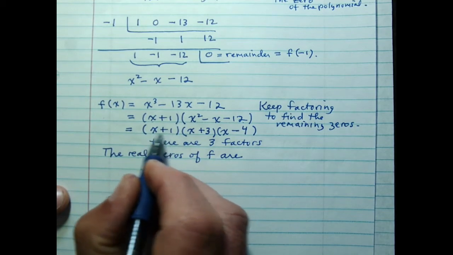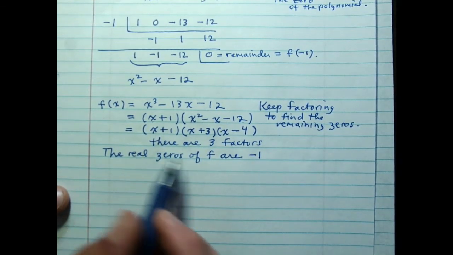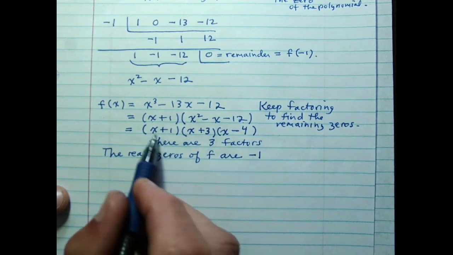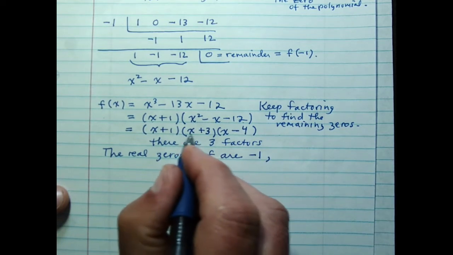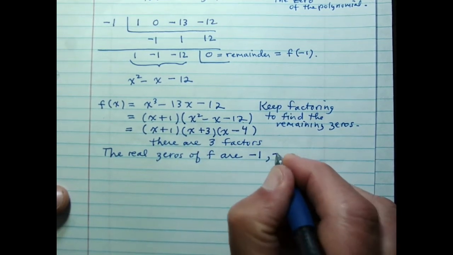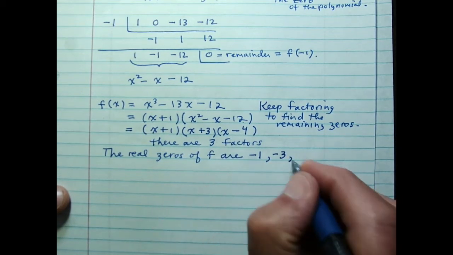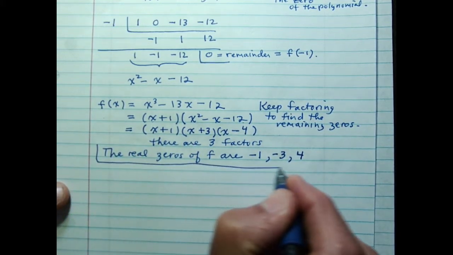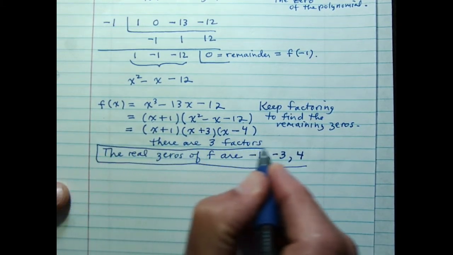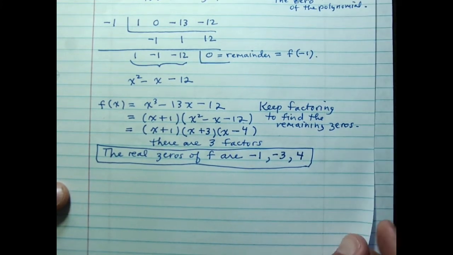So the x plus 1 factor corresponds to the real zero of negative 1. There's an x-intercept on that graph at negative 1. The x plus 3 factor corresponds to a real zero of negative 3. And the x minus 4 factor corresponds to a real zero of 4. You can write those in any order you want. There, we got the real zeros of that polynomial.